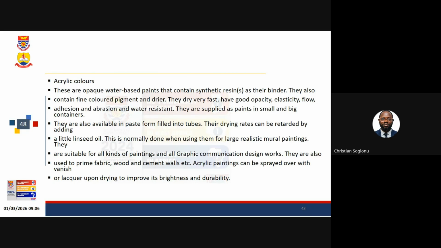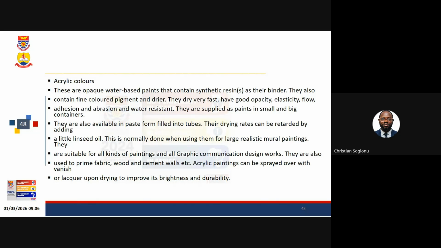They are supplied as paint in small or big bottles, sorry, big containers. They are also available as paints filled into tubes.